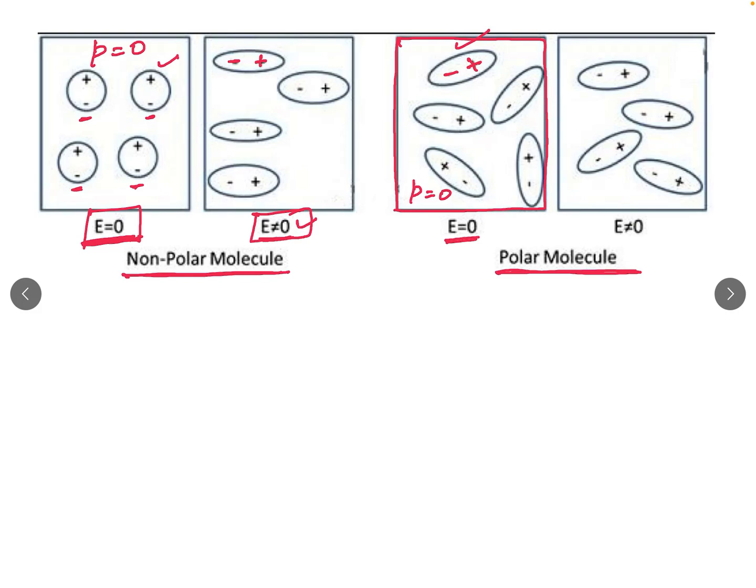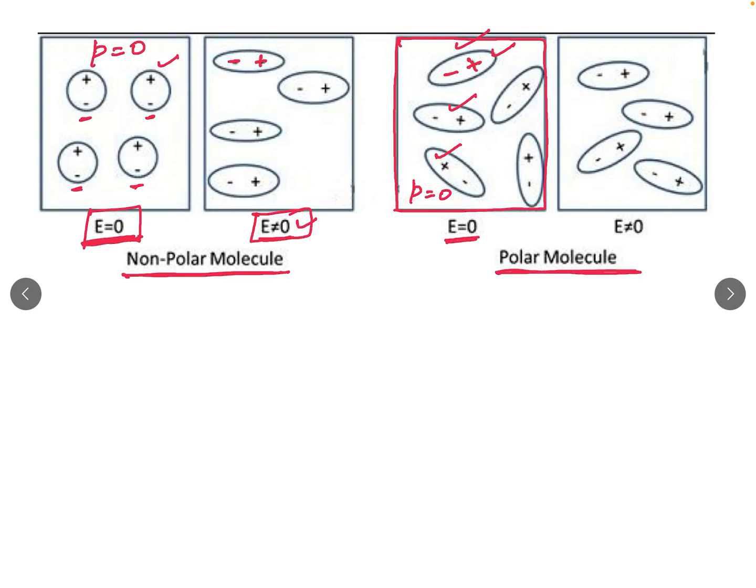The direction of this molecule is different as compared to this one and this one, so they cancel the effect of each other, and the net dipole moment of the whole material is approximately 0 or maybe 0.